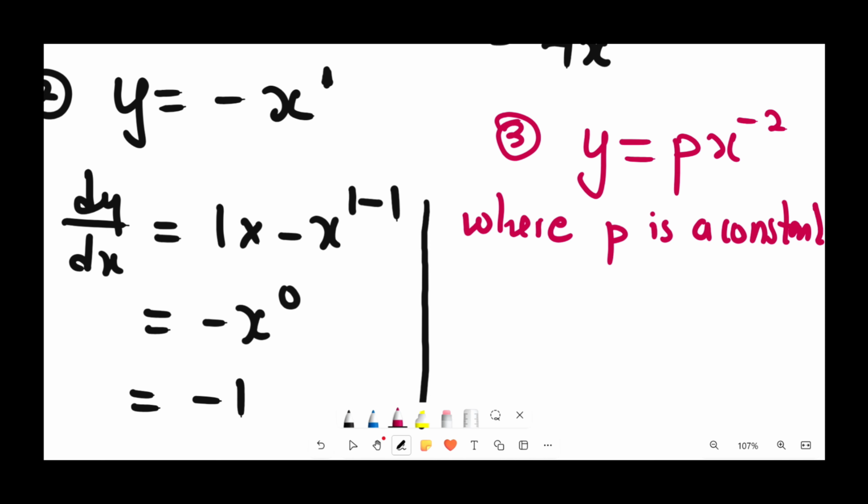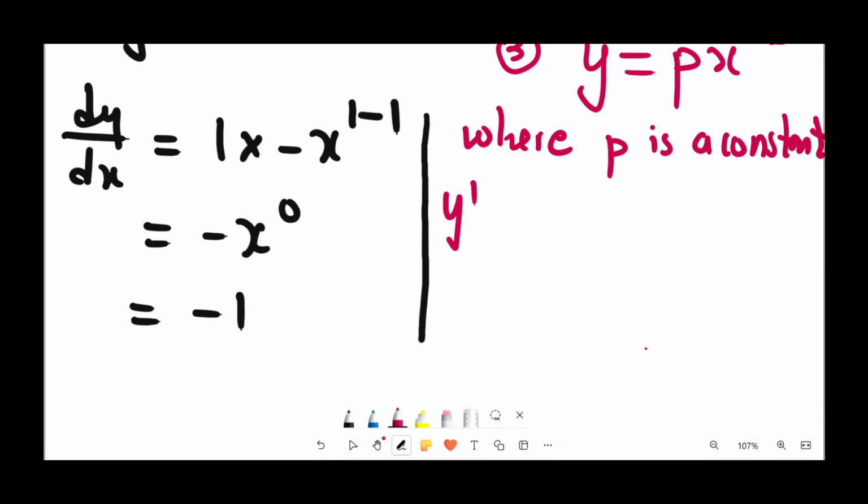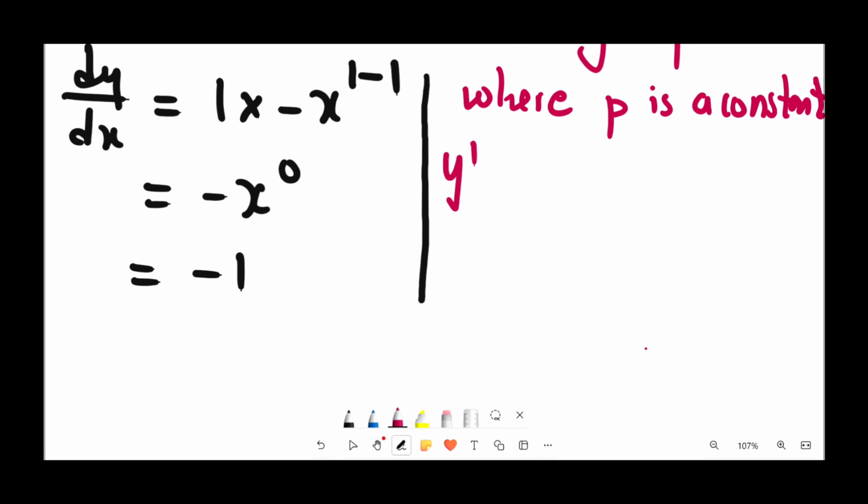So here our p is a constant. If we are to find y prime, which is the same as dy dx, now how do you go about it? You have to apply the power rule.